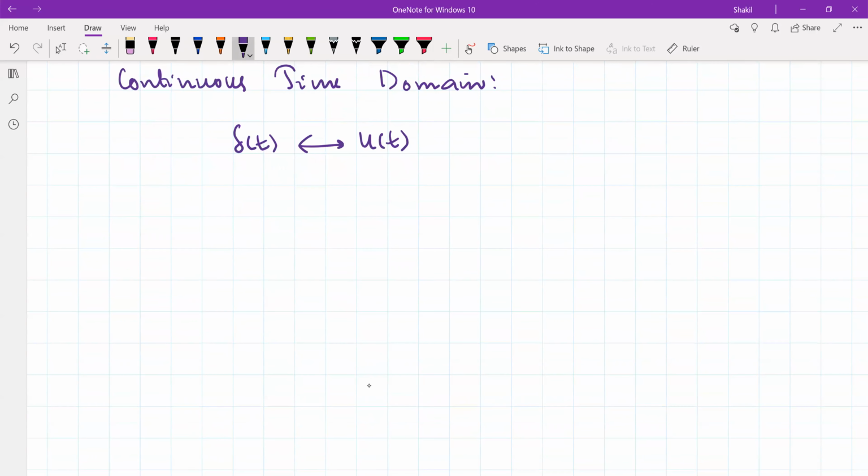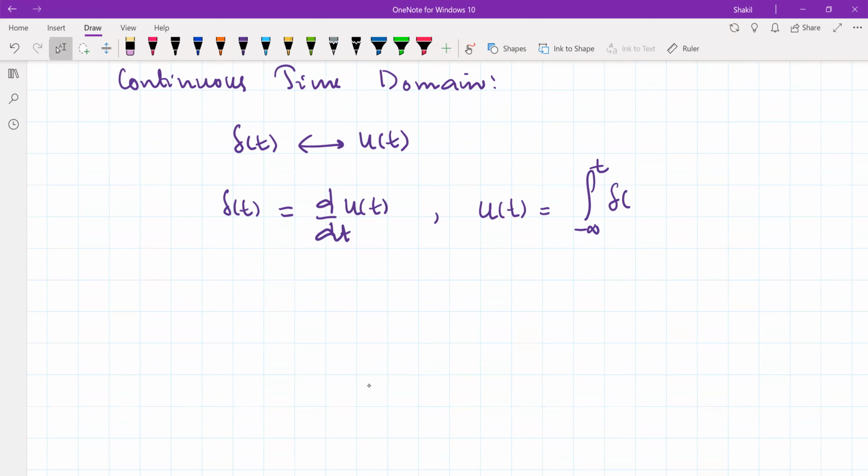Delta of t is simply the differentiation of u of t, and u of t is simply the integration of the delta term from minus infinity to t.